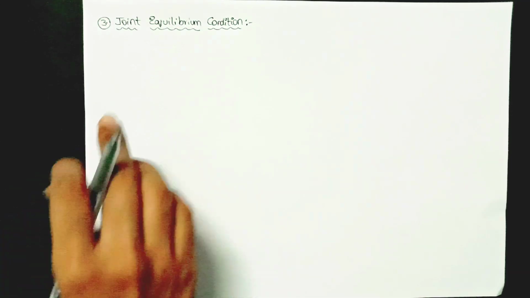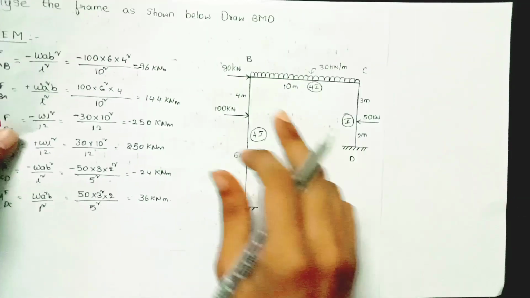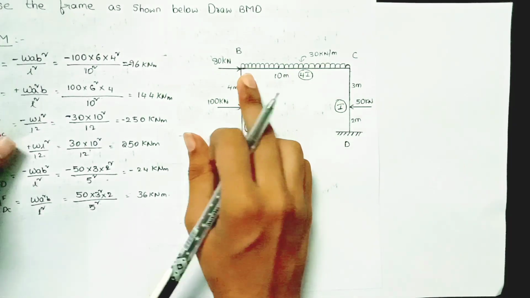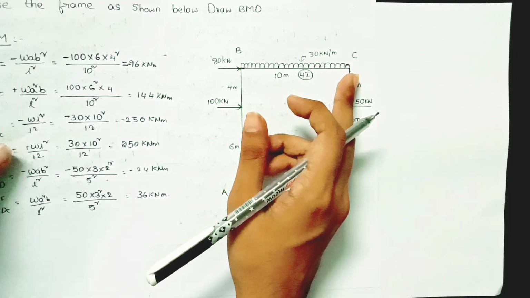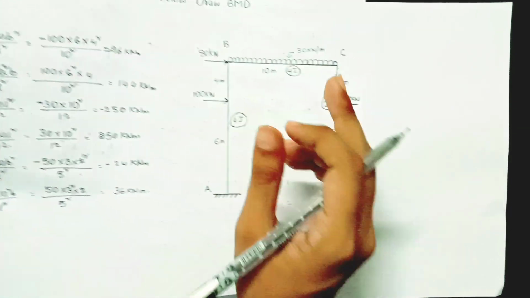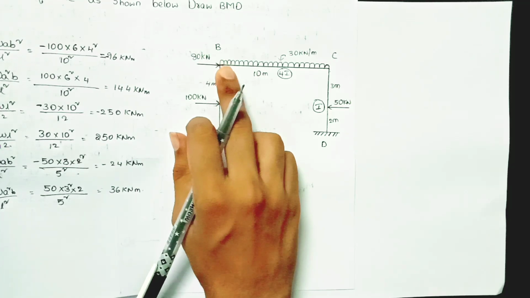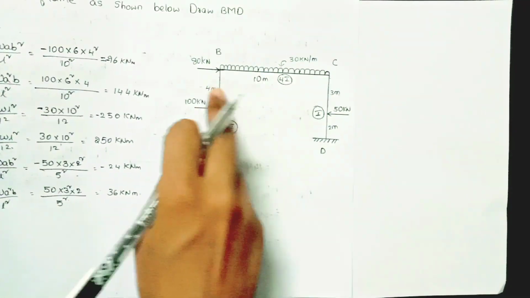Now the third step is the joint equilibrium condition. We have to take each joint. There are two joints here, B and C. We have to take each joint, apply the equilibrium condition, and form the equilibrium equations. So first I will take joint B. At joint B we have two members, BA and BC.